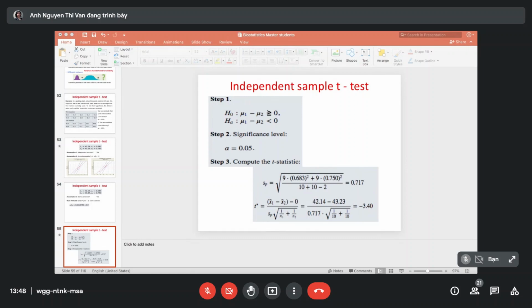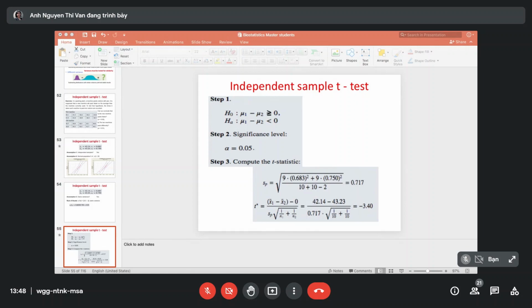Last time I told you already the technique to determine whether it's one tail or two tails. We look at the question, and the question is described in the H1 hypothesis, right? Yes. So we look at H0 and H1.